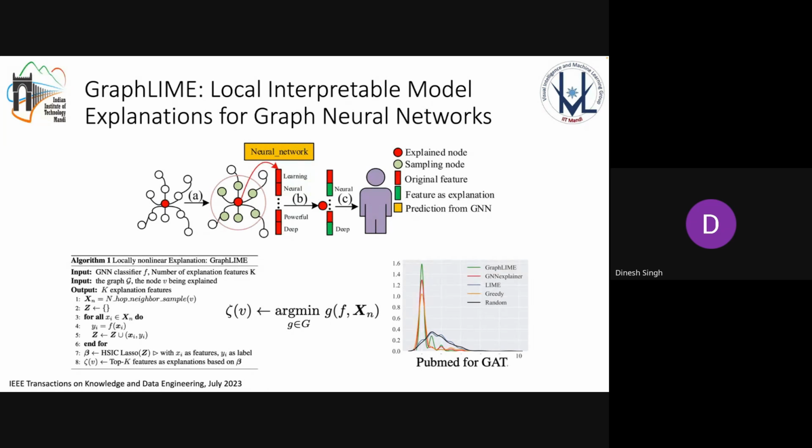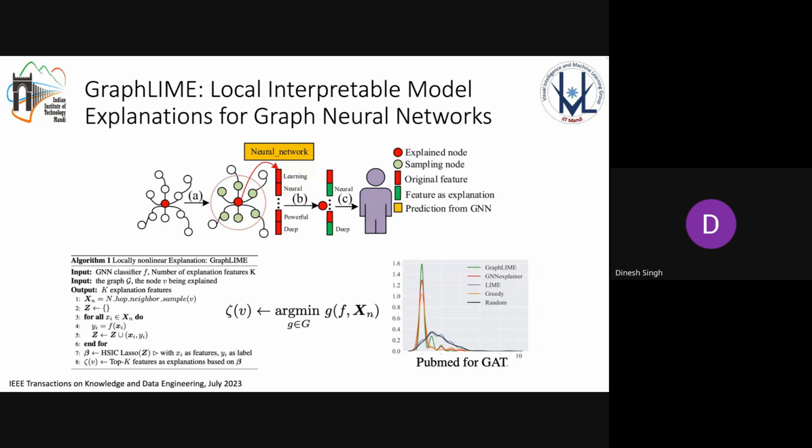So we propose GraphLIME. GraphLIME is a model agnostic way to check, for any given model, whether the features it is actually learning are relevant to the class label, and also whether they are able to identify the meaningful features when we mix them with noisy features.